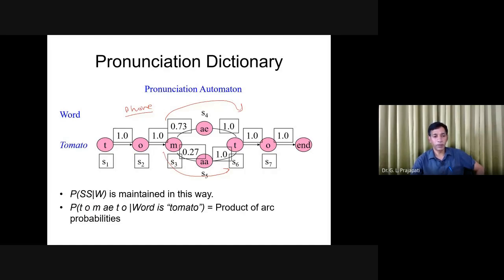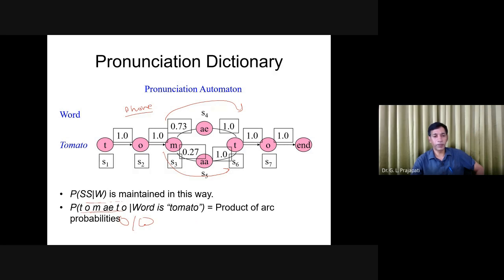So given the particular word tomato, and the observed sequence being this, what is the probability that this pronunciation signal corresponds to the word tomato?